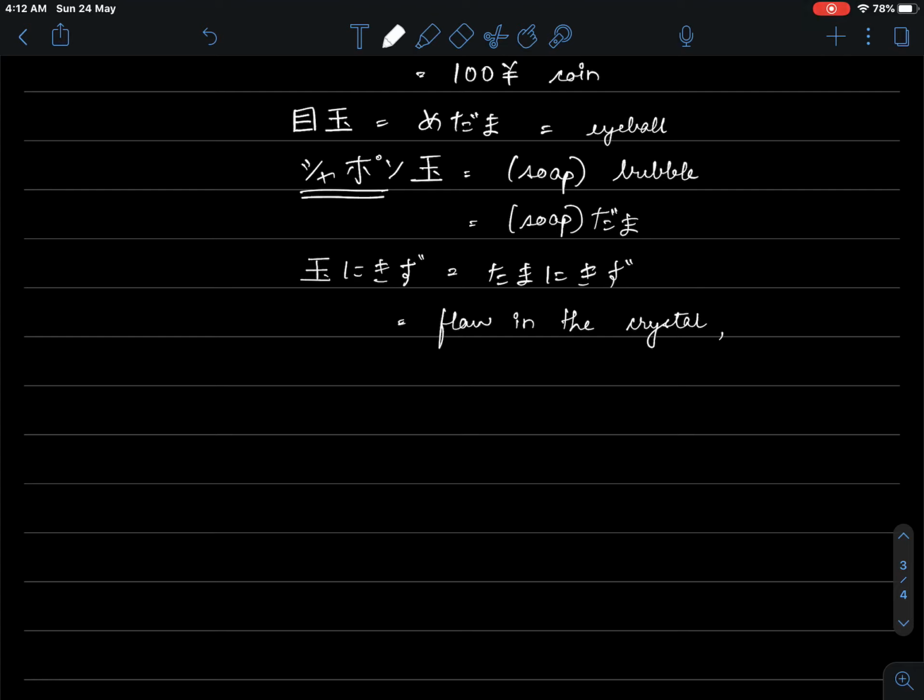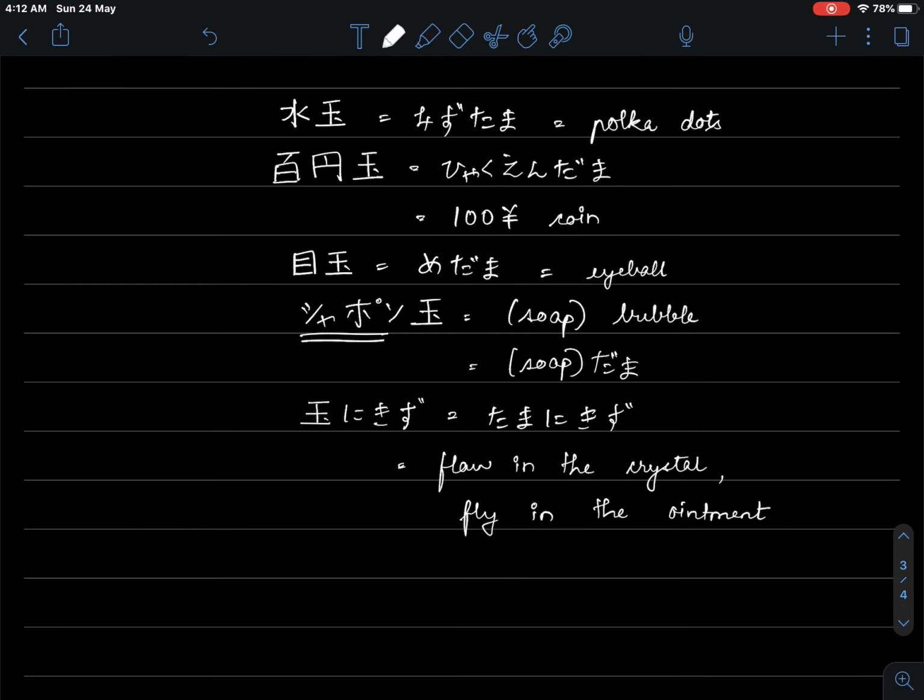Okay, more figuratively, fly in the ointment. It's an idiom which means that something useful has now become a little bit inconvenient to use, right?